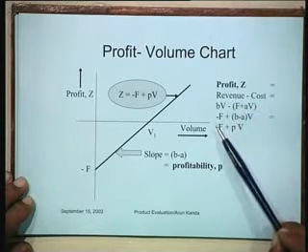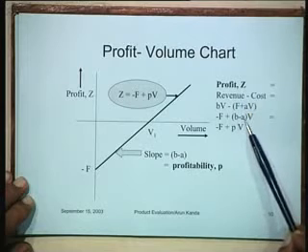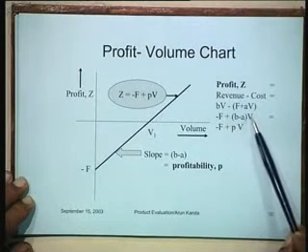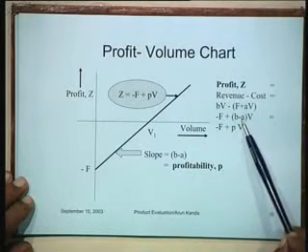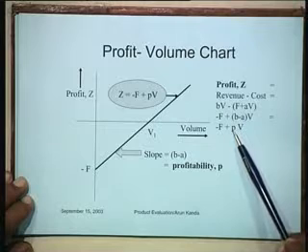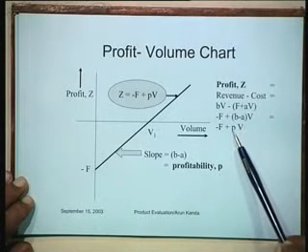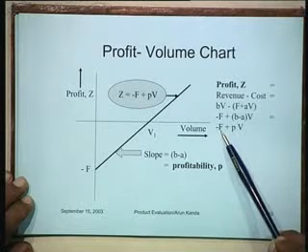So this can be directly written as minus F plus (B minus A) into V. Now this is nothing but the equation of a straight line, right? And if we denote B minus A by a constant P, we can simply say minus F plus PV, where P is the slope of the line and minus F is the intercept on the y-axis.